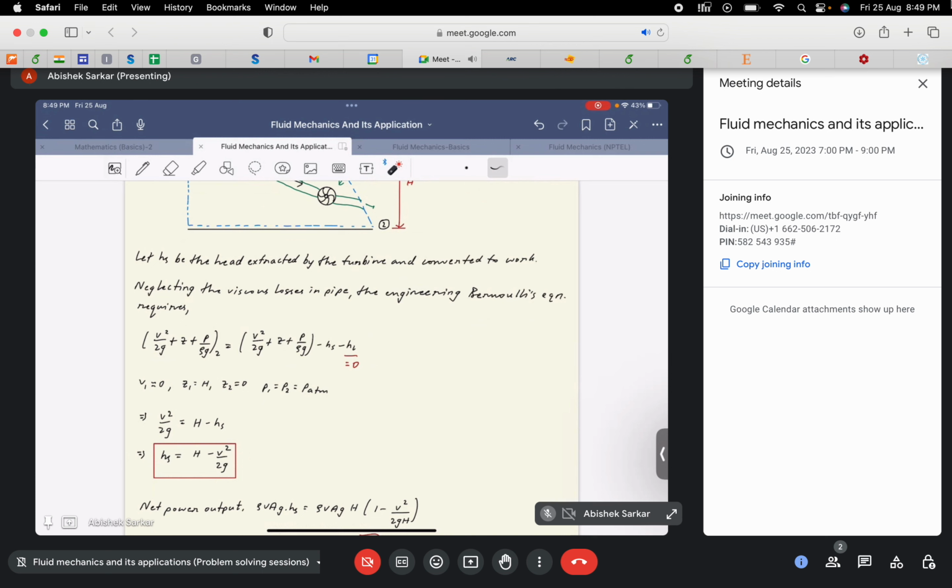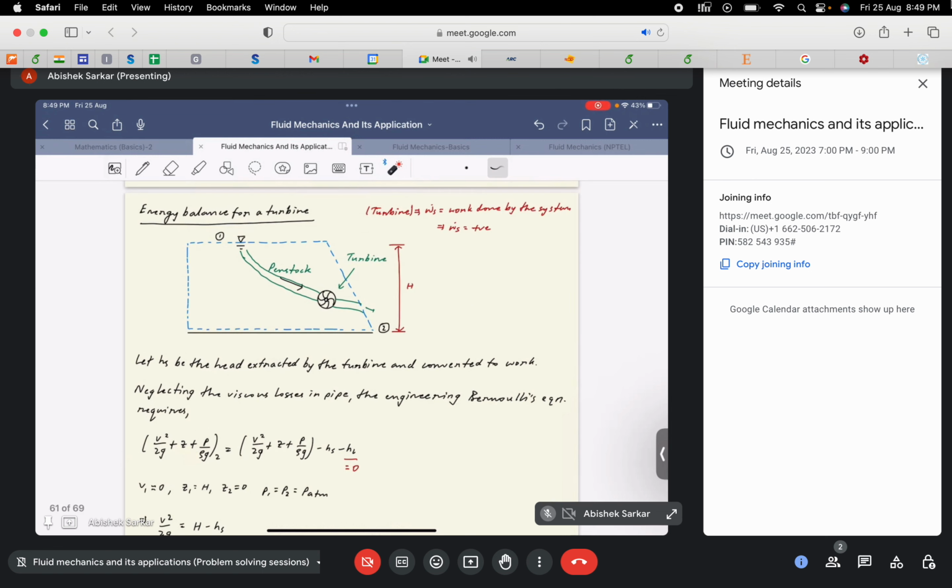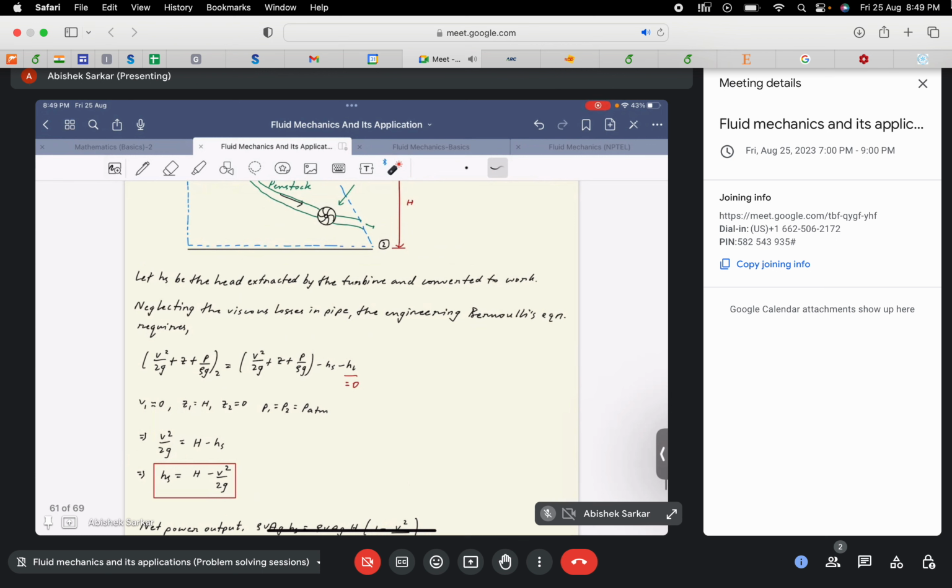If you want to find the value of the head extracted in the case of turbine, hs would be a positive quantity and it will be given by h minus v square by 2g, where h is the elevation from which the fluid pours down through the penstock on the vanes of the turbine. These are the vanes.